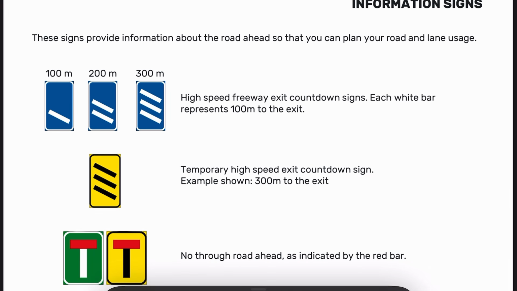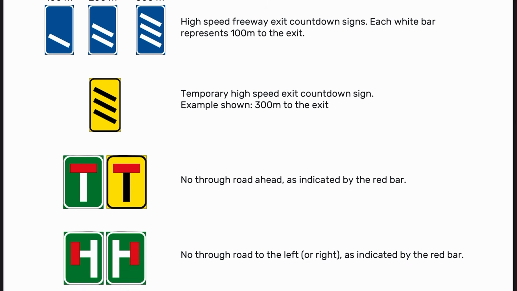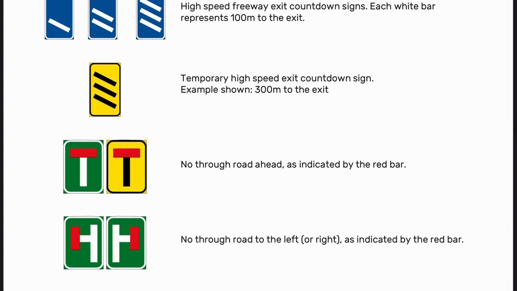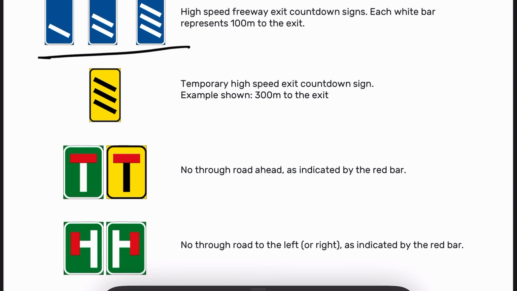Oh, then there are these, the information signs, and you'll find them on your exam. Take a screenshot quickly here. Okay. The first ones, these are information signs for your information, FYI. These ones are called high-speed freeway exit countdown signs.